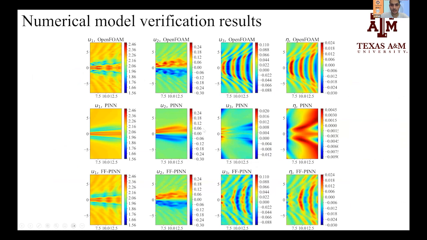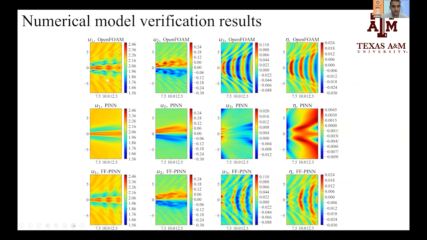This figure represents the prediction of the model. Here is the reference solution by OpenFOAM. And this is the solution for U1 using the physics-informed neural network with no Fourier feature. And this is U1 using the physics-informed neural network with the Fourier feature.